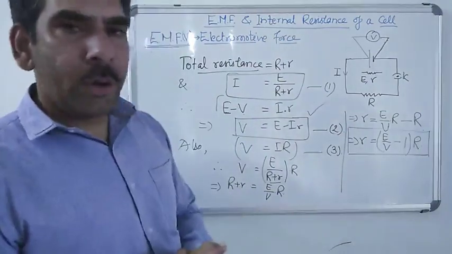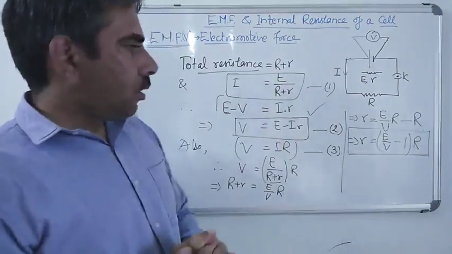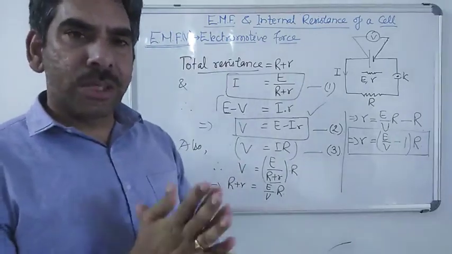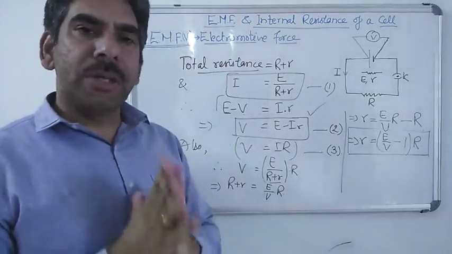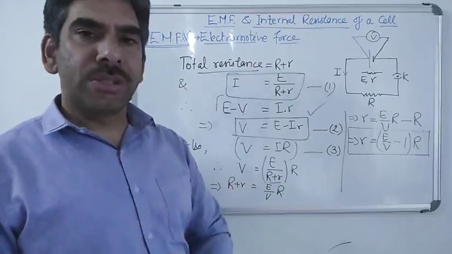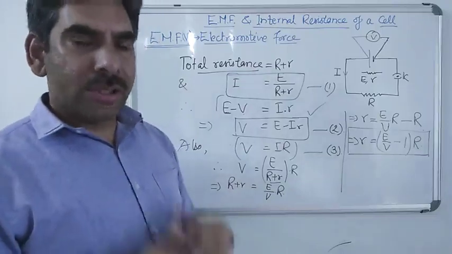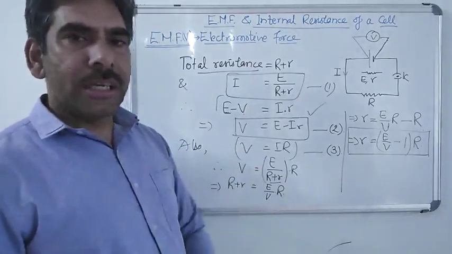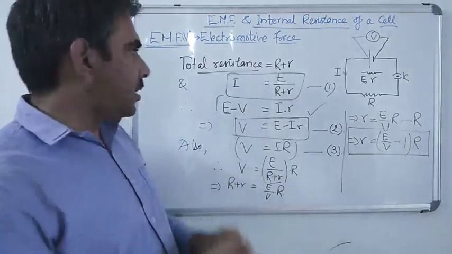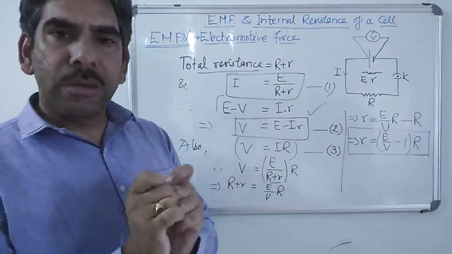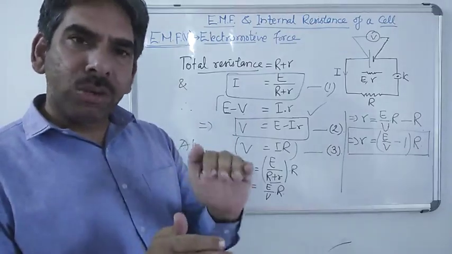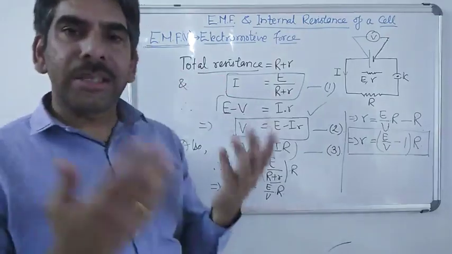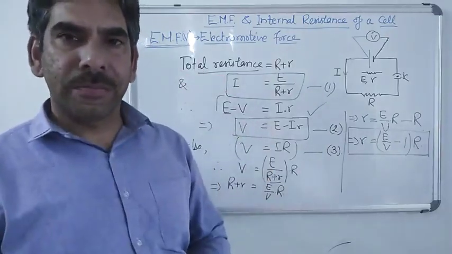So this is the important thing to understand, that EMF is the maximum potential difference across the two terminals of the cell, and that is possible only when the cell is not being used in the circuit. Otherwise, whenever the cell is being used in the circuit, the internal resistance of the cell draws some potential, and hence the potential difference across the two terminals of the cell decreases. And now this decreased potential difference is called the terminal potential difference.